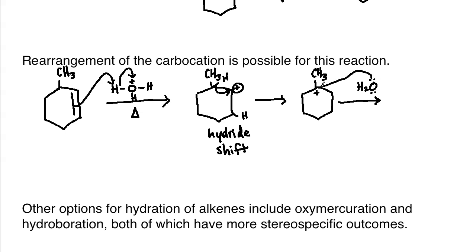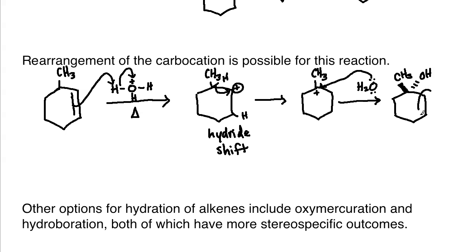So the water will come in here, another water will deprotonate it, and then what I end up with is an alcohol group that has been put into a position that is one removed from the alkene itself. So you can see the OH group is now at this top carbon on the ring, right?